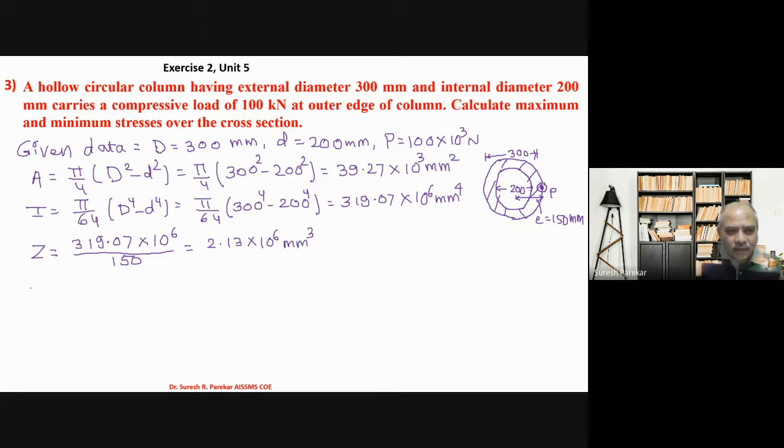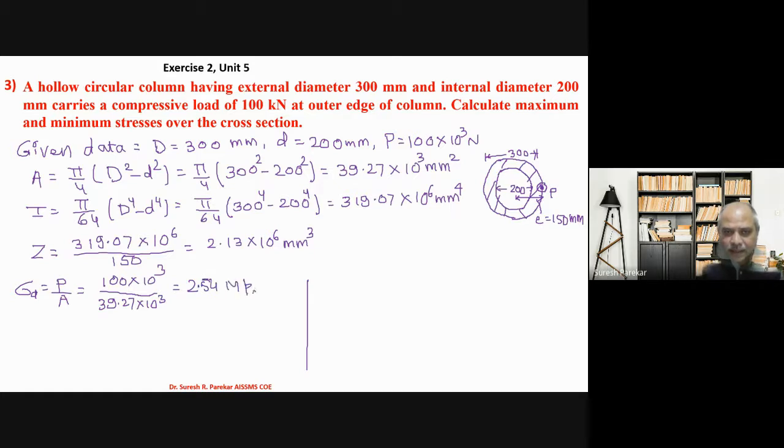Now we have to find the value of sigma d and the value of sigma b. Sigma d we get as P by A, which is equal to 100 into 10 raised to 3 divided by 39.27 into 10 raised to 3, and this gives us sigma d equal to 2.54 MPa.